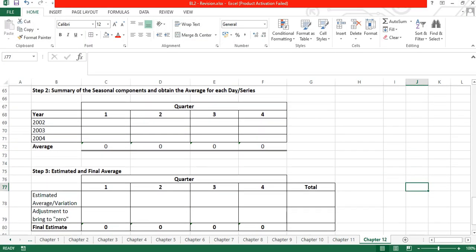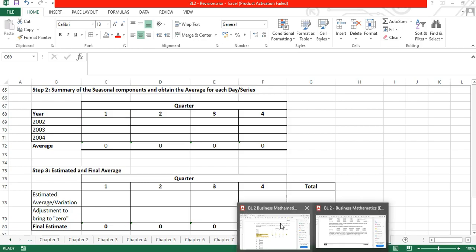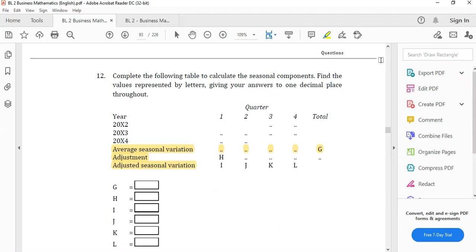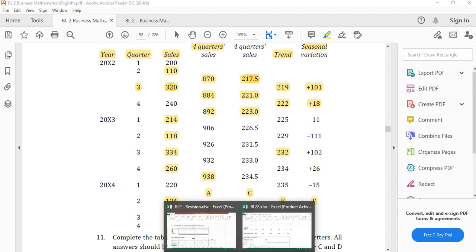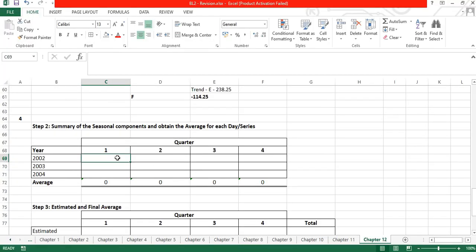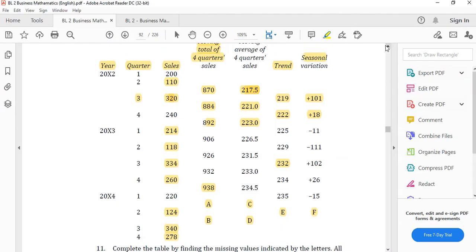So we start from 2002. Here we must fill the seasonal components found previously, but this is given in the question. Now, quarter 1 in year 2002, the seasonal component is for quarter 3 onwards only.